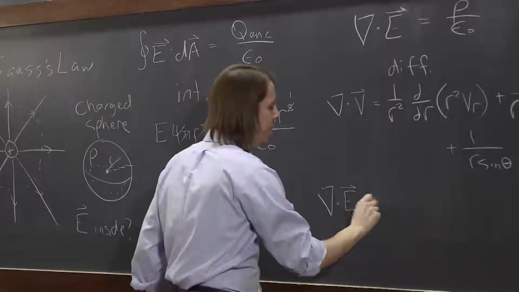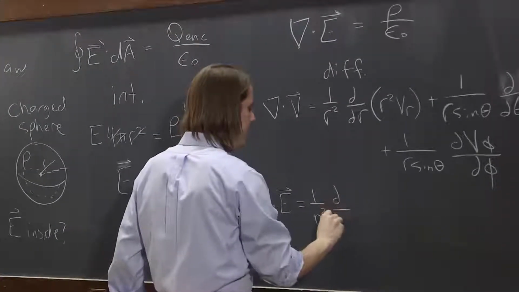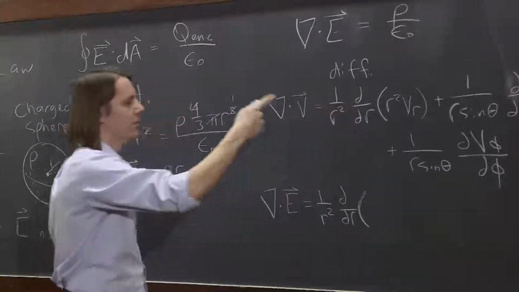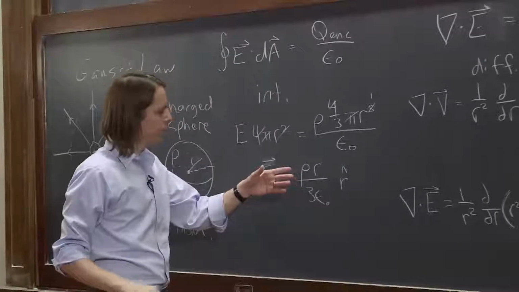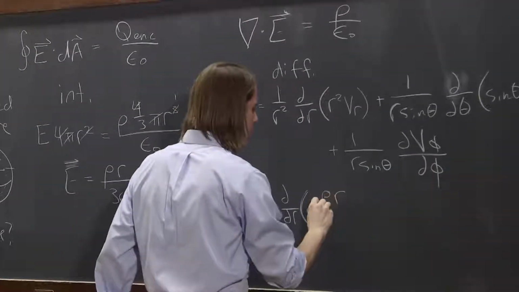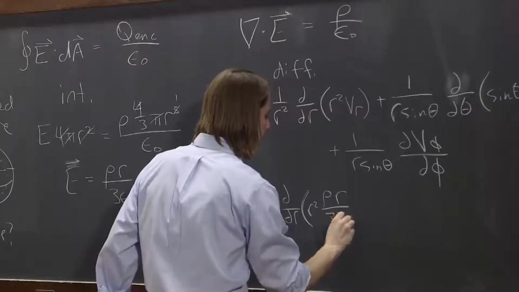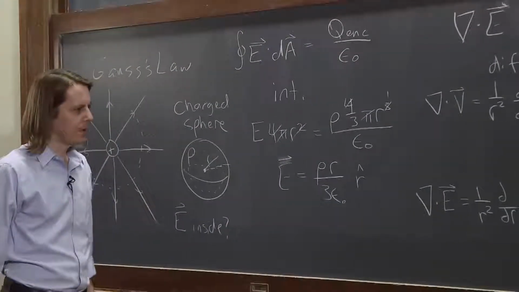So we do have it down already to 1 over r squared d dr of r squared times rho r over 3 epsilon naught. So there's our divergence.